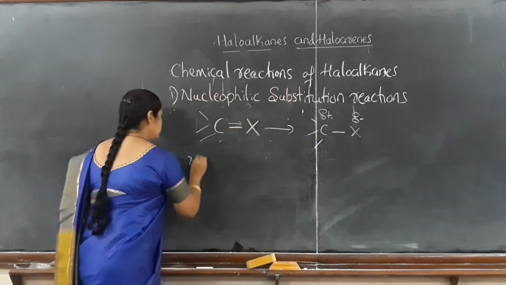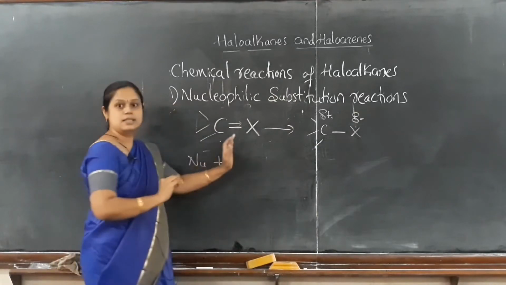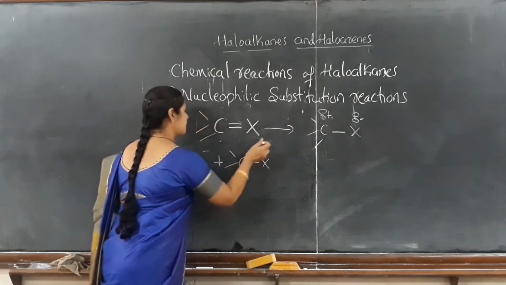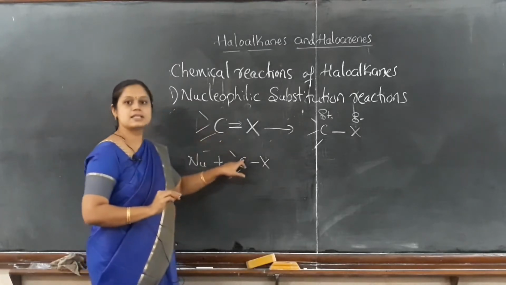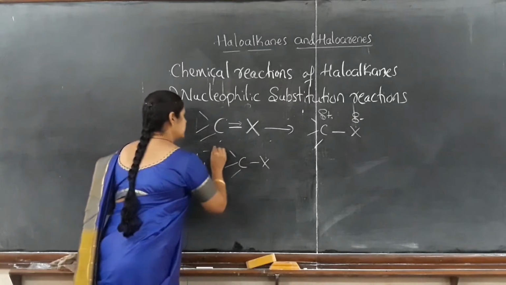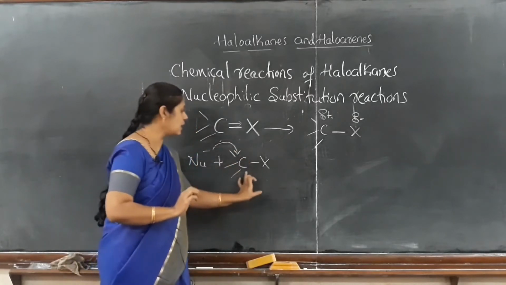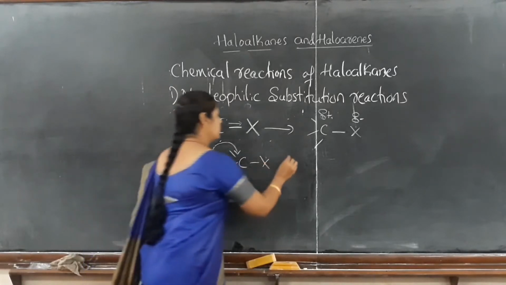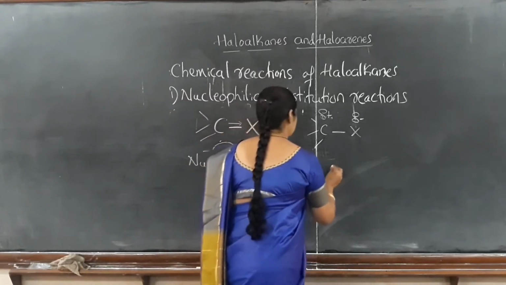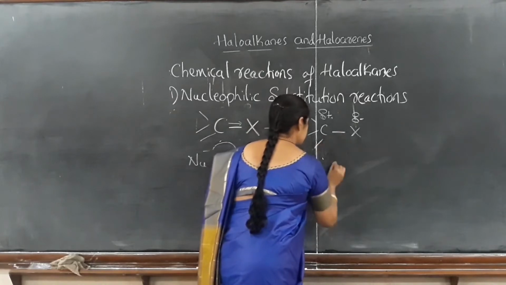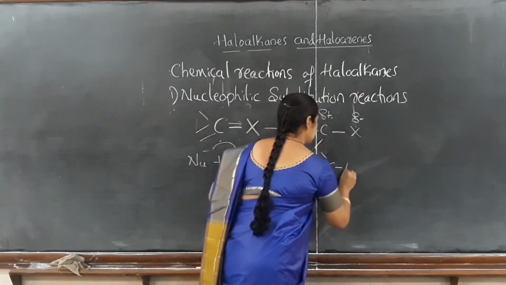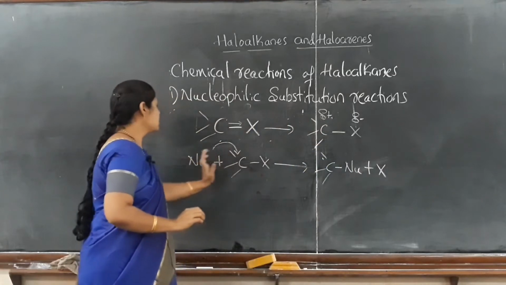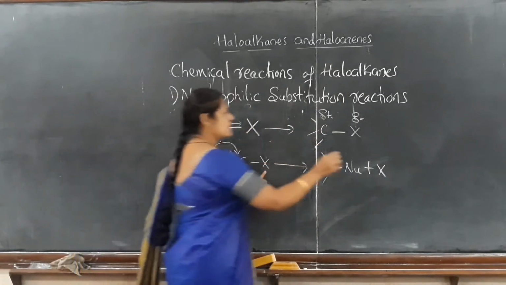So when a nucleophile is treated with the alkyl halide, this nucleophile attacks the positive carbon atom, and there is a breakage of the carbon-halogen bond and a formation of a nucleophile-carbon bond. The nucleophile forms a bond with the carbon, and the halogen is a leaving group.